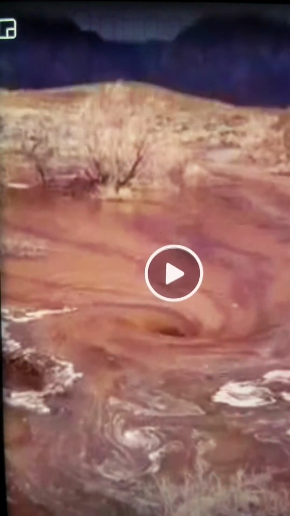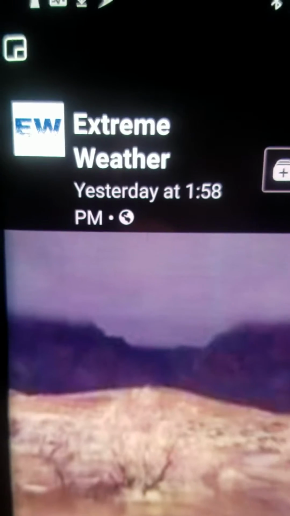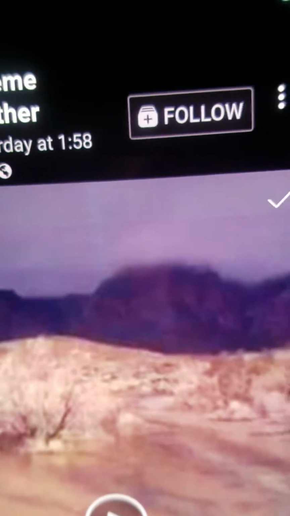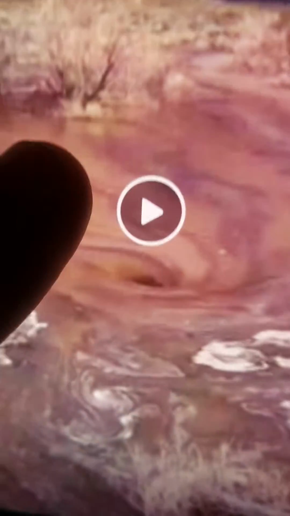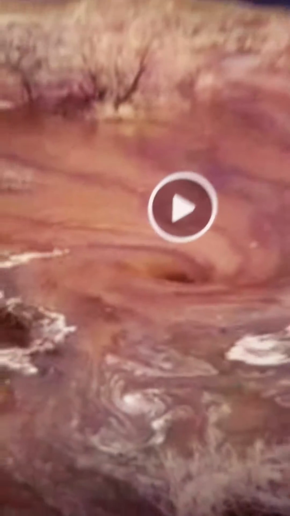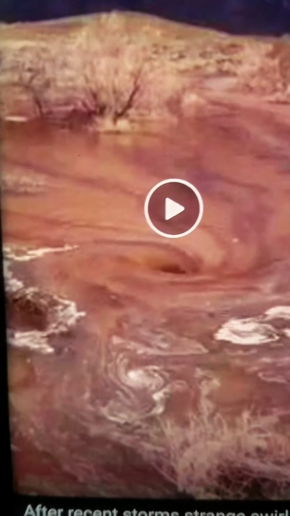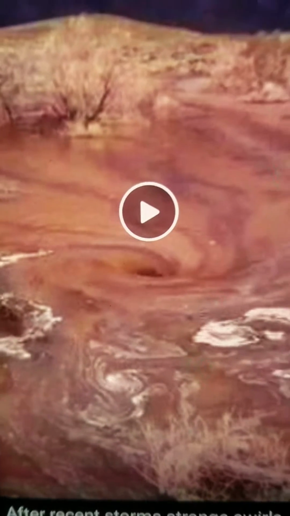This was shared by Extreme Weather, and they're saying, hey, cool, look at these whirlpools, it's all sinking underneath the ground. And they don't realize that they are debunking the Coriolis effect with this video.